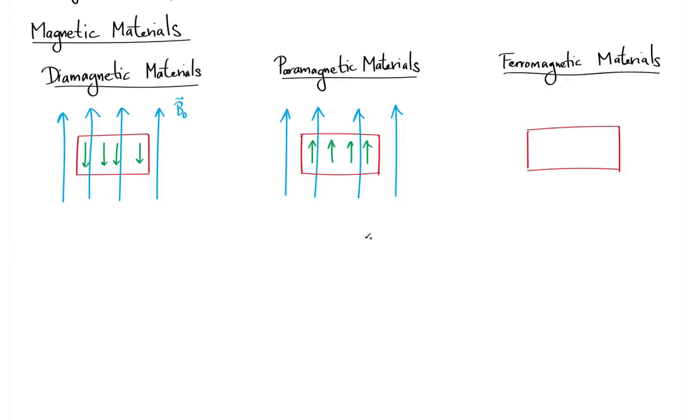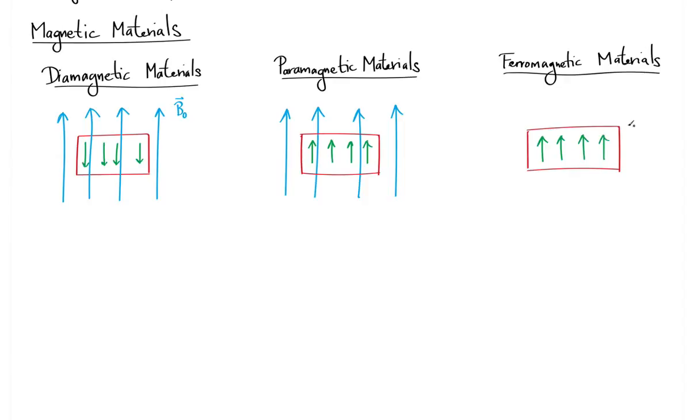When you take that field away, these green arrows go to zero. These materials have no net magnetic behavior. A ferromagnet is quite different, as you know. It has a magnetic moment even when you have no magnetic field applied.